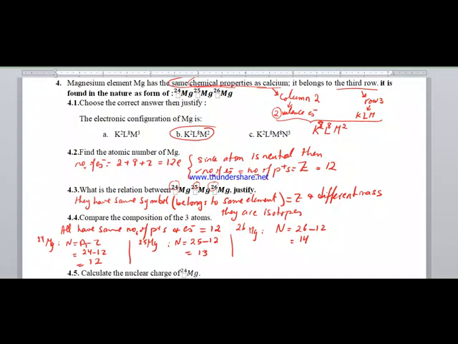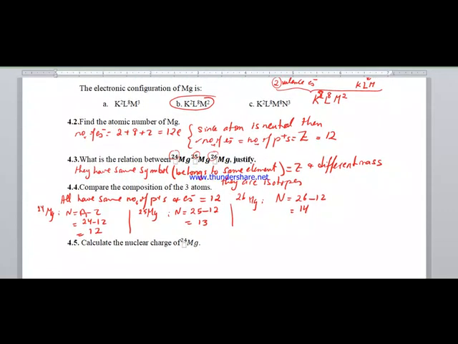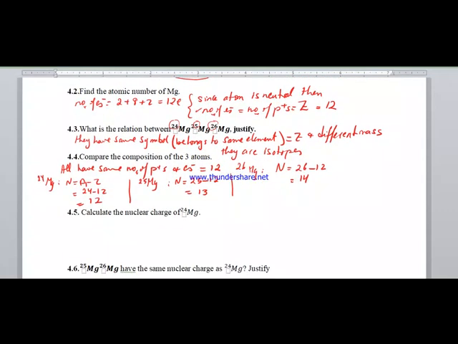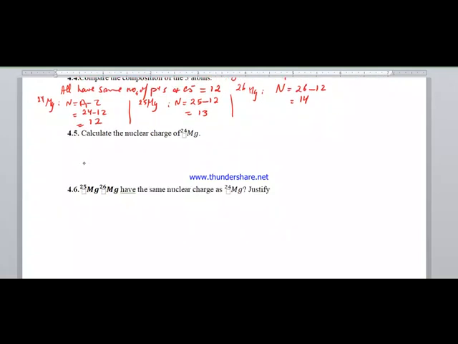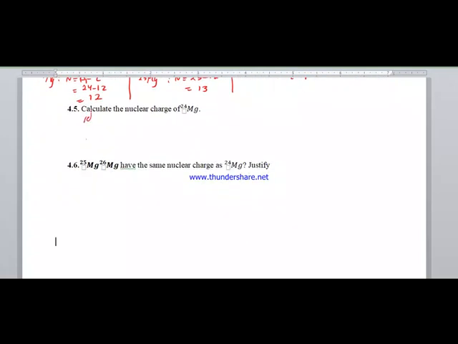Part 4.5: calculate the nuclear charge of magnesium. To calculate the nuclear charge of magnesium, the relation is: relative nuclear charge equals number of protons times the relative charge of 1 proton.